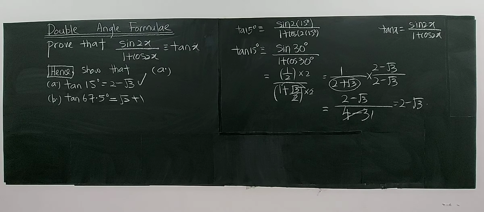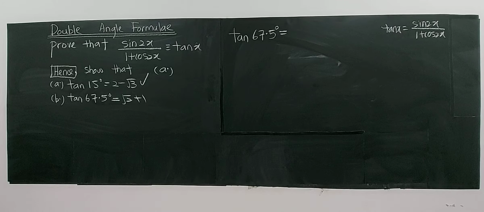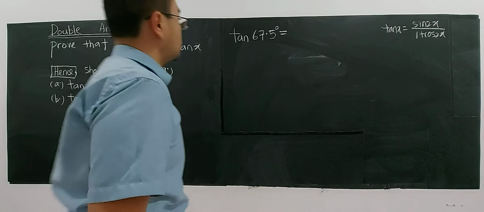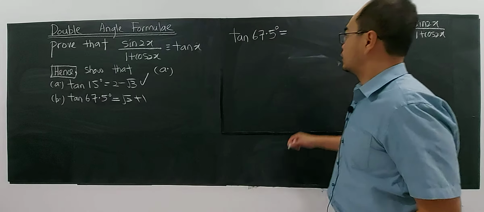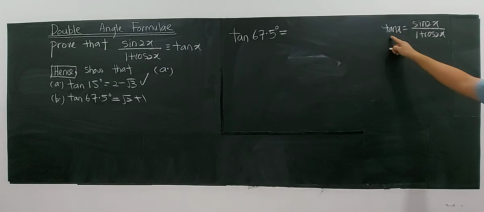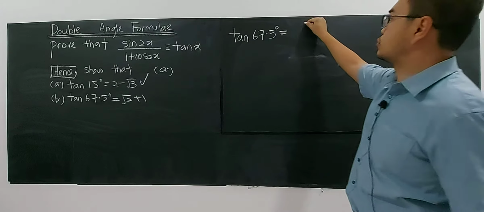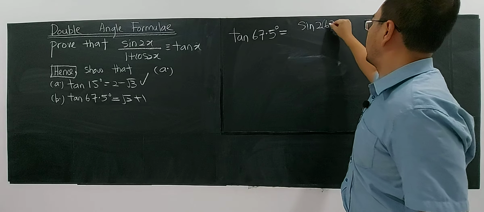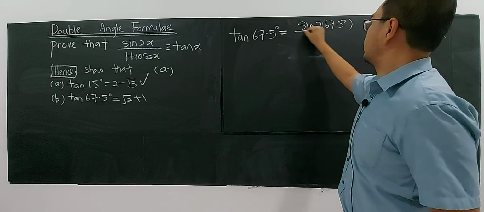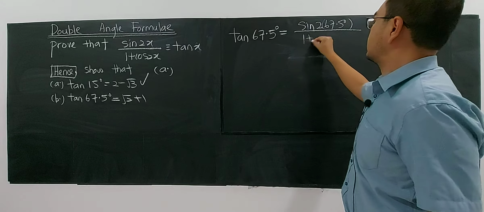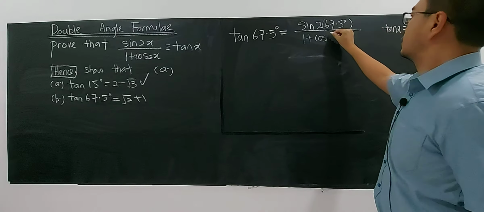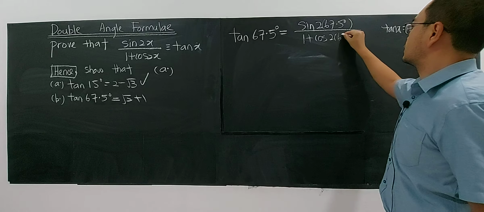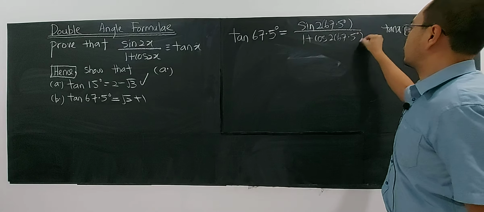Let's see part B. You can try first before you look at the video. Okay, let's look at this. Tangent 67.5. So based on this identity, tangent 67.5 is equal to sine of 2 times 67.5 degrees divided by 1 plus cos of 2 times 67.5 degrees.